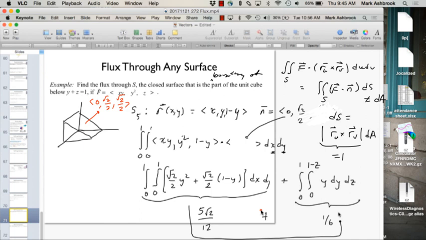And what is the magnitude of r_u cross r_v? If you do the math, you get radical 2. So we need another radical 2 multiplied in here. And that's this r_u cross r_v for that diagonal plane.